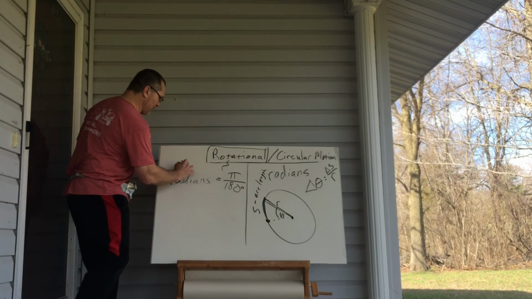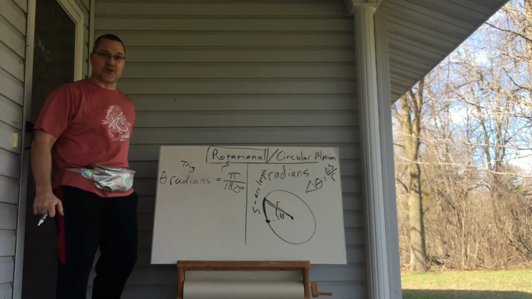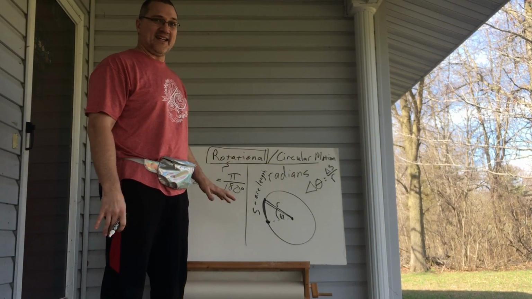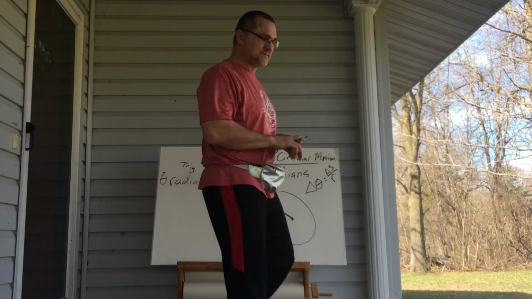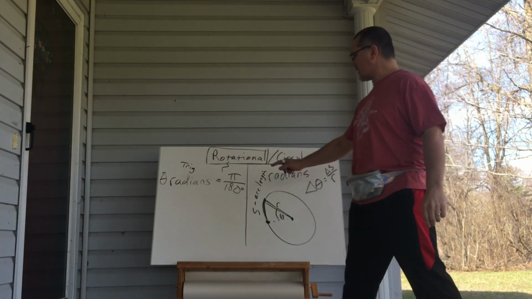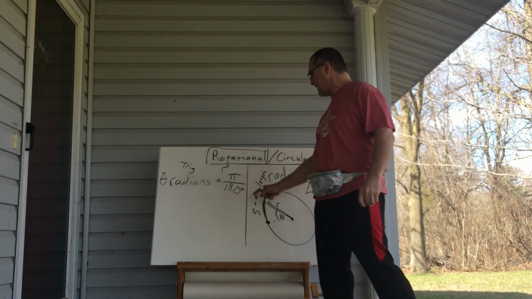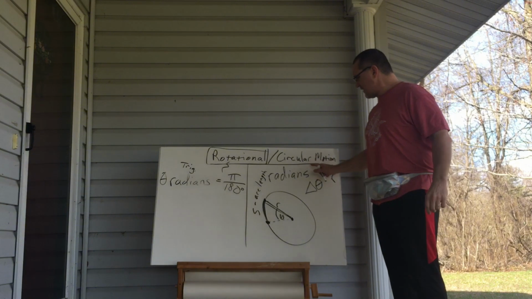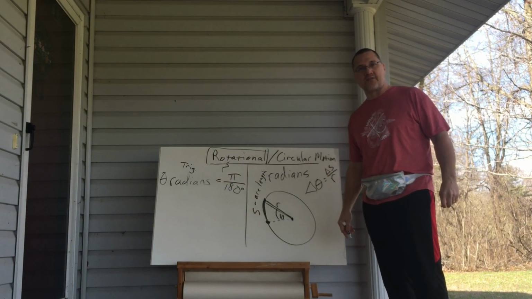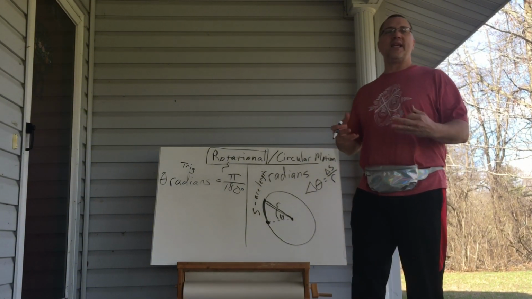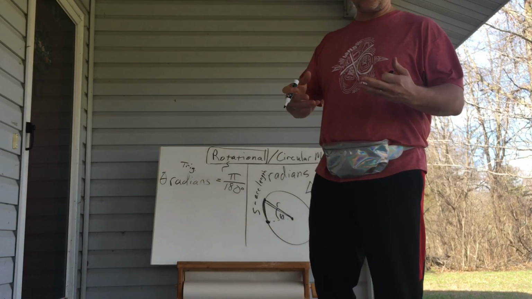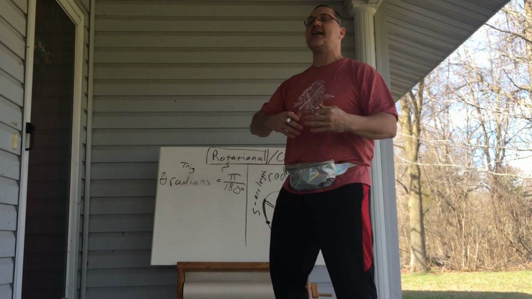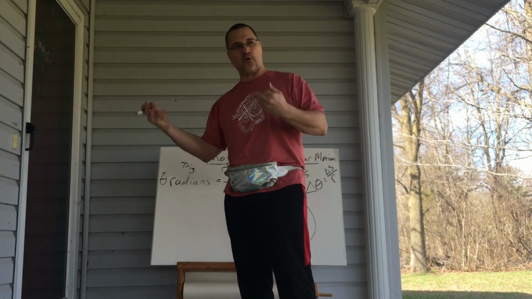Again, hopefully you have learned this in trig. So here is your conversion from radians to degrees, degrees to radians. Either way, you just solve. Here's what we are now going to discuss. The only thing you need to do is convert all the linear equations into the rotational equations.